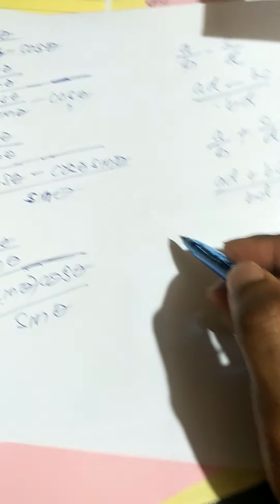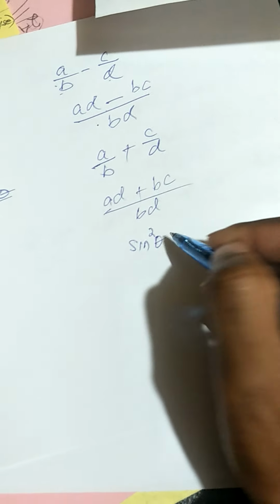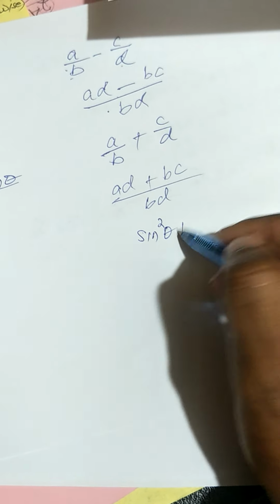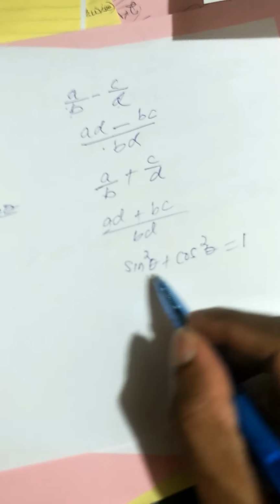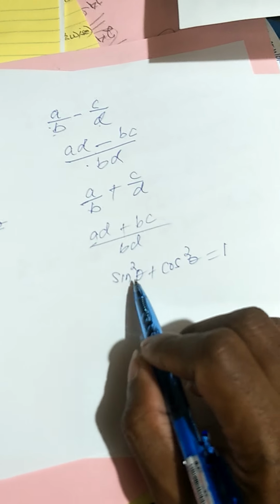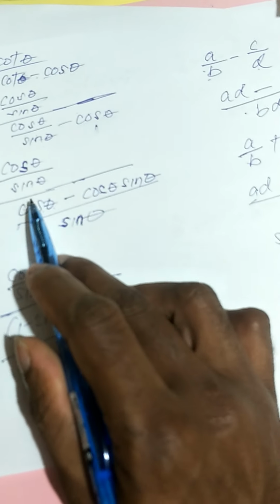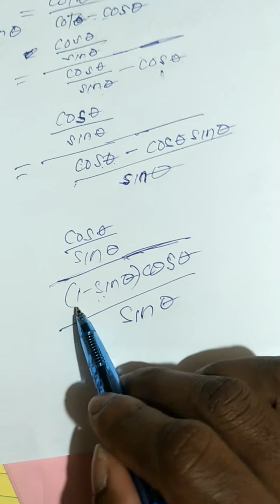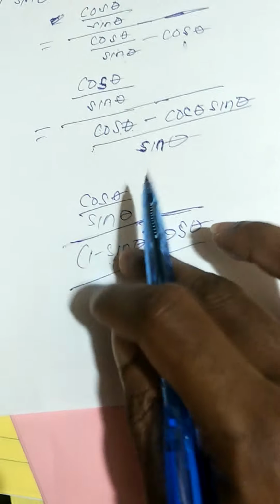Like I said, I'm applying the Pythagorean identity, which is sine theta squared plus cosine theta squared equals 1. Since this one is raised to power of 1, and this one is 1 minus sine theta raised to power of 1, no need to write 1, we know that this is raised to power of 1.